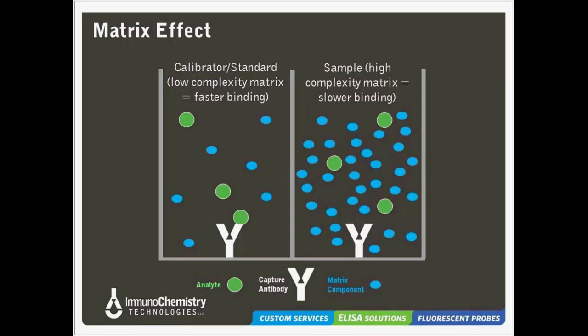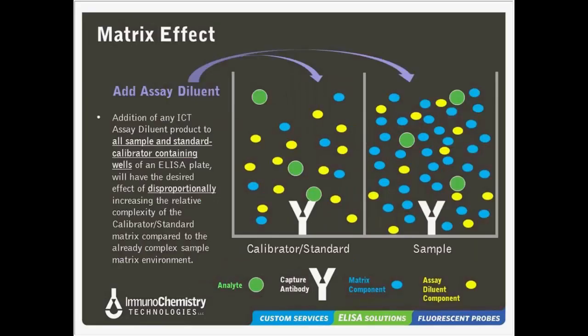There are other interactions, but just to show the point, a more complex matrix will make it harder for that top green analyte ball to make it down to that capture antibody. So the binding kinetics in that well are much slower than they are in the very permissive calibrator well. That's what happens. You get 100 picograms per mil in the left well, and then in the right well, maybe you get 50. Well, that's a problem, and underreporting is something that people have to address when they're working with these complex matrices.